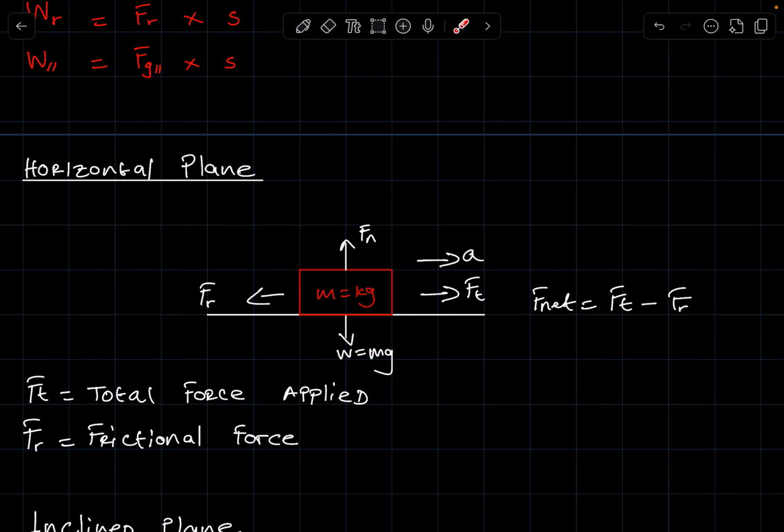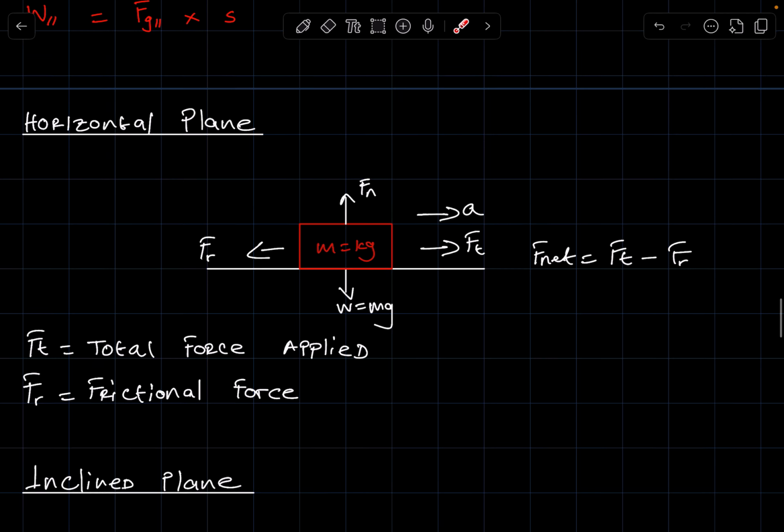So we're going to look at how we look at the forces when the object is moving along the horizontal plane, and how the inclined plane affects the forces that the object is going to be subjected to.